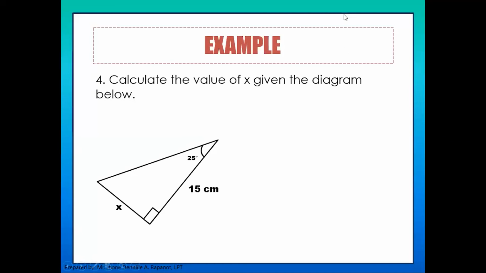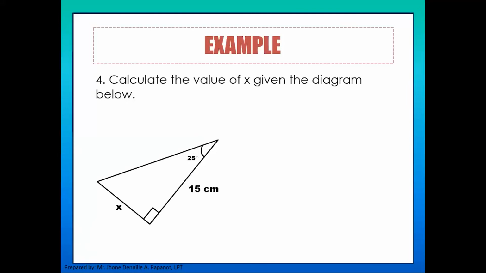Now, let's see if your answer is correct for this example number 4. By analyzing this illustration, this right triangle, we can all agree that the trigonometric function that we have to use in order to get the value of x in relation to these values as pointed by the cursor is the equation for tan, right?